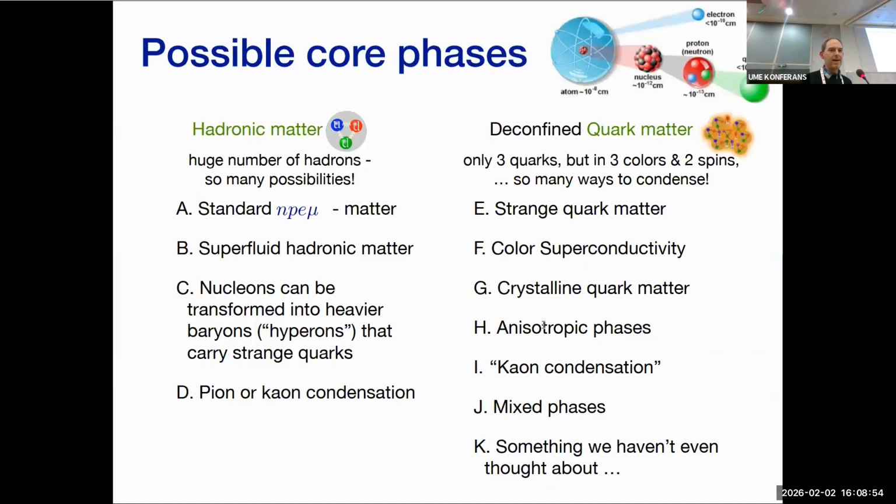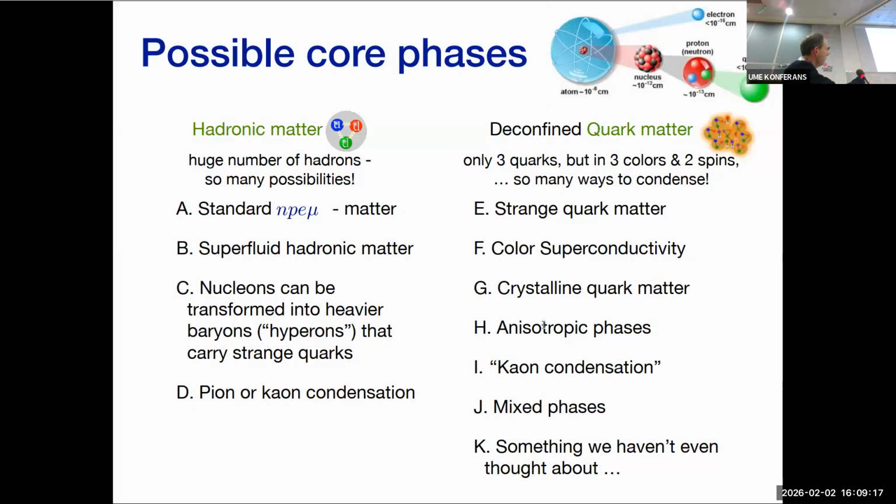And so there are kind of two classes of what could be inside. There's hadronic matter, and there's the deconfined quark matter. And in both cases, there are many options. On the hadronic side, okay, this would be the standard case, standard NPEμ, neutron, proton, electron, muon matter. That's kind of the basic model. But you could have all kinds of complications on top.